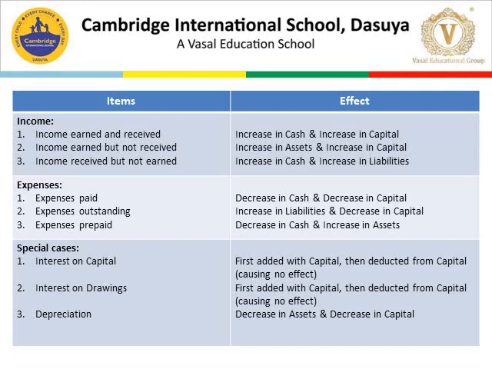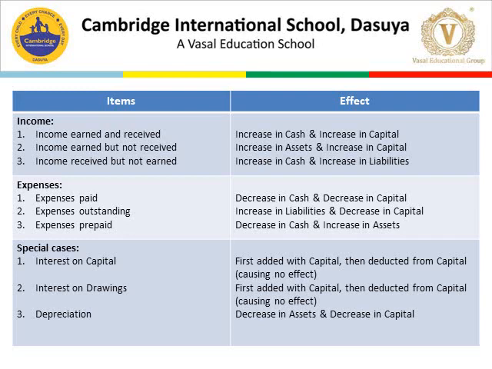Number two, income earned but not received. It is an asset, so it will increase the assets and increase the capital as well. Number three, income received but not earned. It is a liability because you have received the income but actually you did not do anything to earn this income. So it becomes a liability for the business.